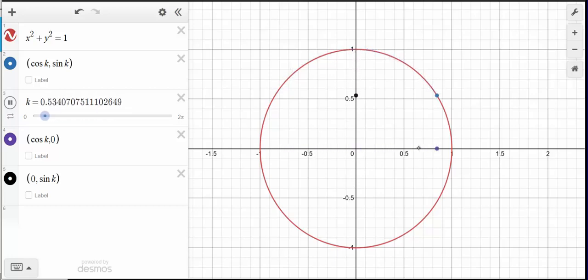We have the horizontal, which is cosine. So there's two distinct functions there, one giving us the x coordinates and one giving us the y coordinates of the circle. And up here, the cosine k, sine k, brings those together. This is like a package of functions. You've got the horizontal component, the vertical component, and then we put them in a nice package that gives you the position of the particle on the circle.